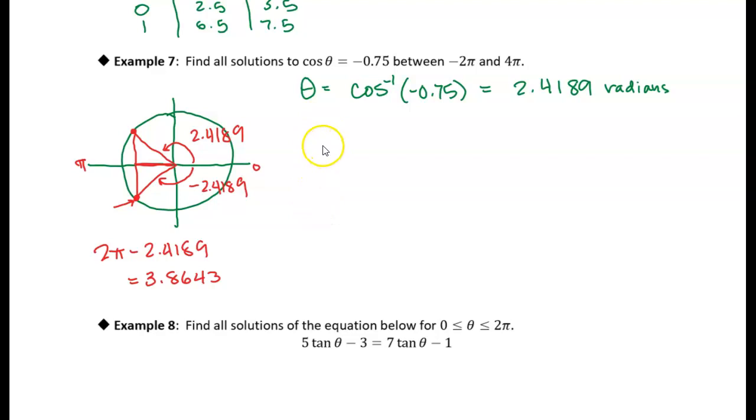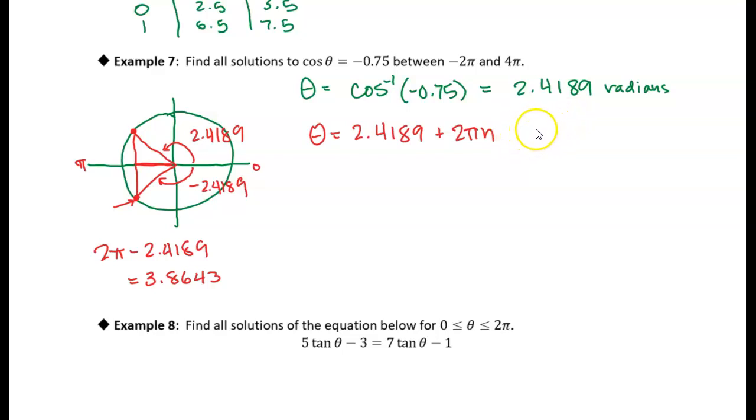All right, so let's take the two solutions that we know. We get theta is equal to 2.4189, and then we know we can get more solutions just by adding 2 pi n, right? Just going around the circle another time. We can go around the circle as many times as we want, n times, and we'll get more solutions.